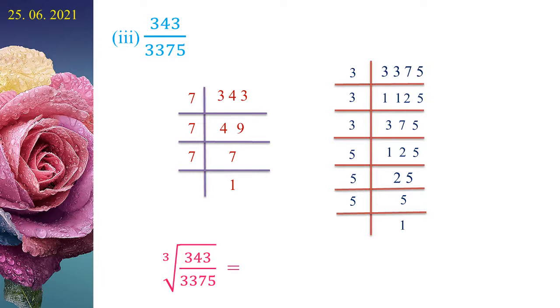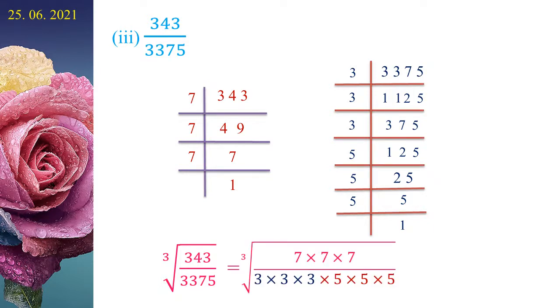The cube root of 343 by 3375 equals the cube root of the factors of 343, 7 into 7 into 7, by the prime factors of 3375, 3 into 3 into 3 into 5 into 5 into 5.